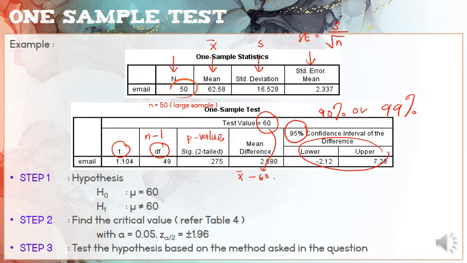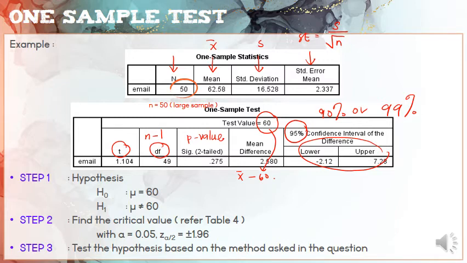Tetapi jika soalan minta 90% or 99%, tapi dalam output dia bagi 95%, then you kena calculate balik manually, sama macam you calculate dalam chapter 3. Okay, your X bar plus minus your critical value darab dengan your standard error.